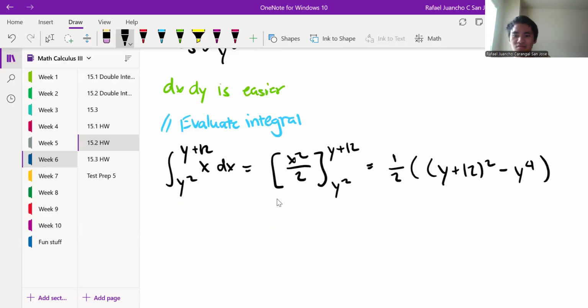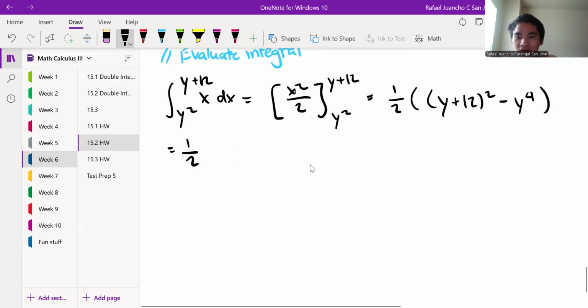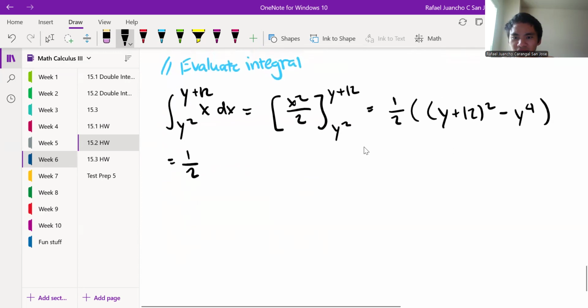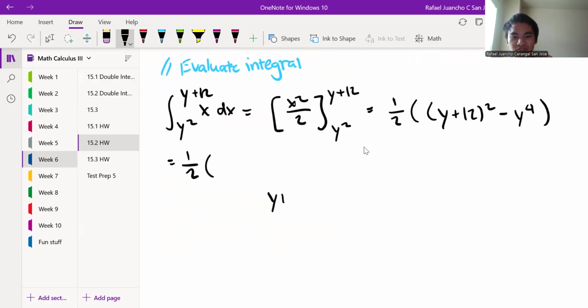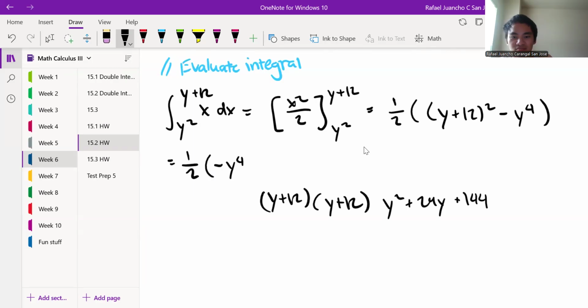Right? And then I want to expand this thing. This one gives me y plus 12, y plus 12. I get y squared plus 24y plus 144, then minus y to the 4th.